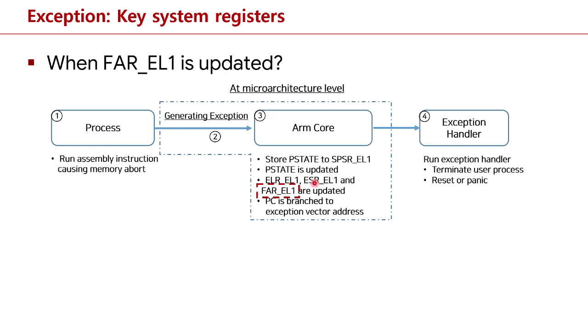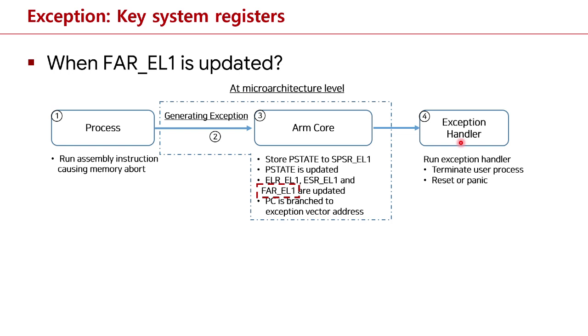Right after the exception is taken to exception level 1 by moving to the exception handler, as the first step, software will read the value of the FAR_EL1 register to identify the faulting virtual address, or faulting invalid virtual address. By reading this value at the corresponding exception handler, it will determine some other operation.